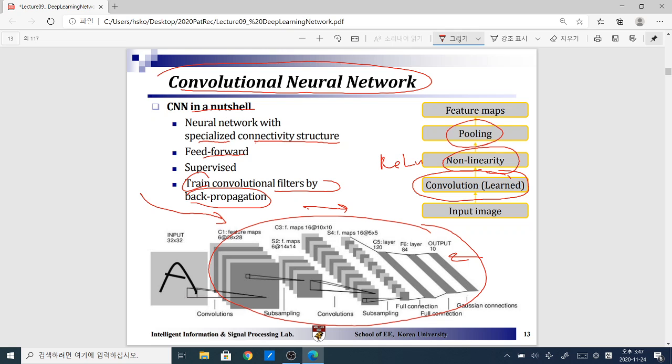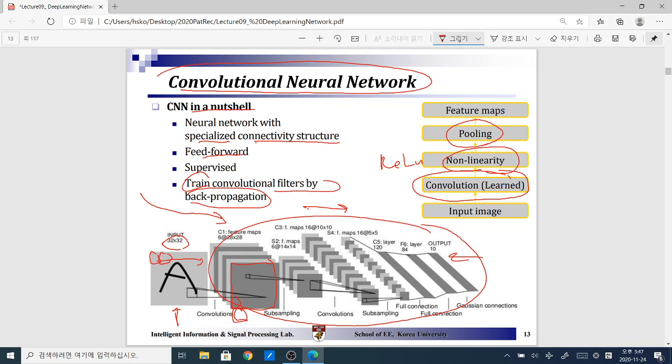And then it goes through the pooling process, or subsampling. For example, suppose this is your input image, which is small, say 32 by 32. Then typically it has a number of these image patches called filters, and each filter is raster scanned, going like this, to develop a feature map.